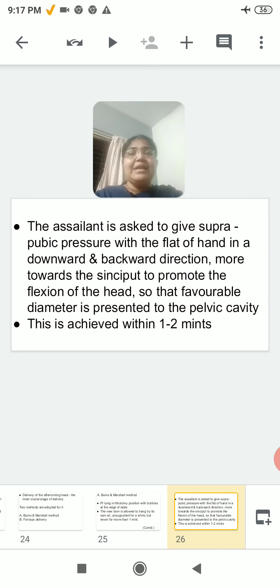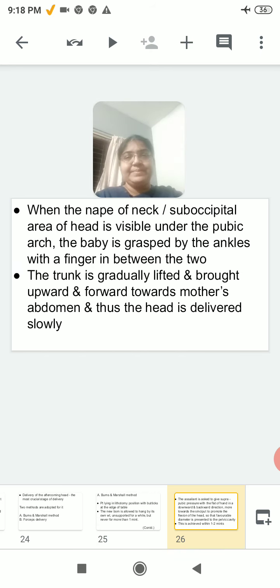Then an assistant is asked to give suprapubic pressure with the flat of the hand in a downward and backward direction, more towards the occiput, to promote flexion of the head so that a favorable diameter is presented to the pelvic cavity. It is achieved within 1 to 2 minutes.